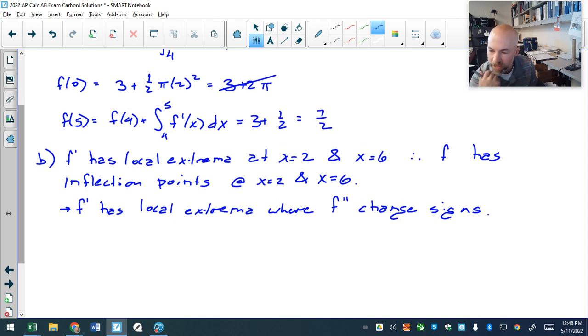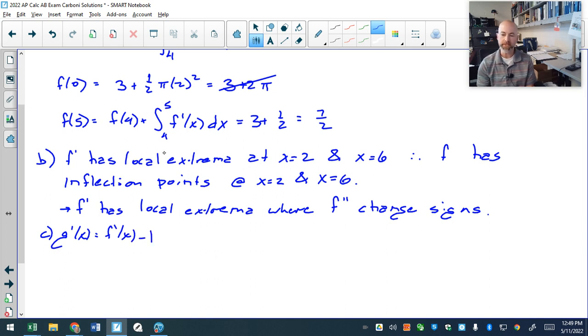G is this function, f of x minus x. On what intervals is G decreasing? So we need to know where G is decreasing. So our game plan is, where is G prime negative? So G prime of x would be the derivative of f of x minus x, which is f prime of x minus 1.